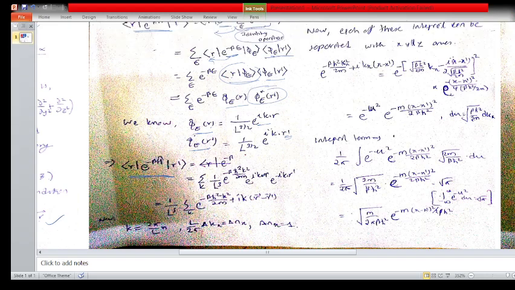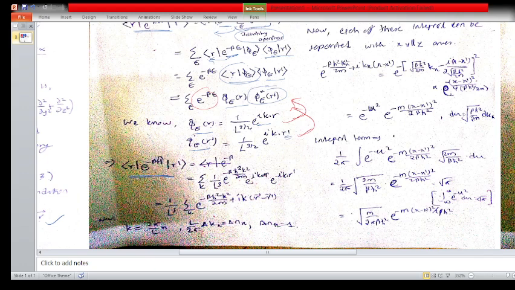Now you substitute these two values in this expression. Then what will we get? We will get 1 by sigma over k, 1 by L cube, because L raised to 3 by 2 into L raised to 3 by 2 becomes L cube, and then we have e raised to minus beta h cross square by 2m, that is corresponding to this term. e raised to minus beta e is nothing but h cross square k square by 2m, and that you substitute here, and then e raised to i k dot r times e raised to minus i k dot r dash.